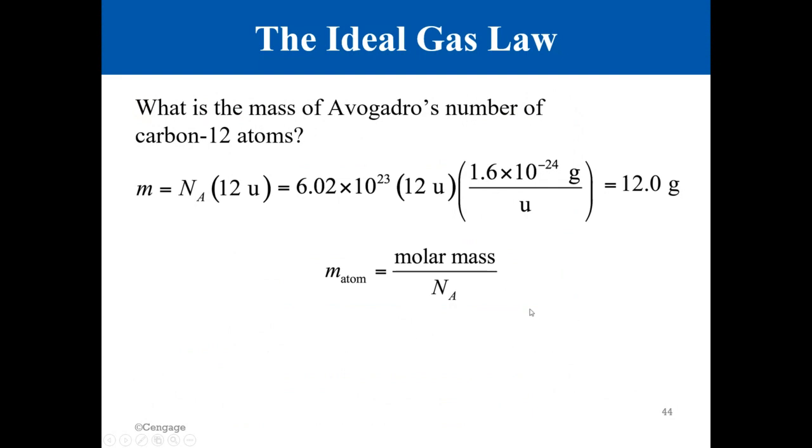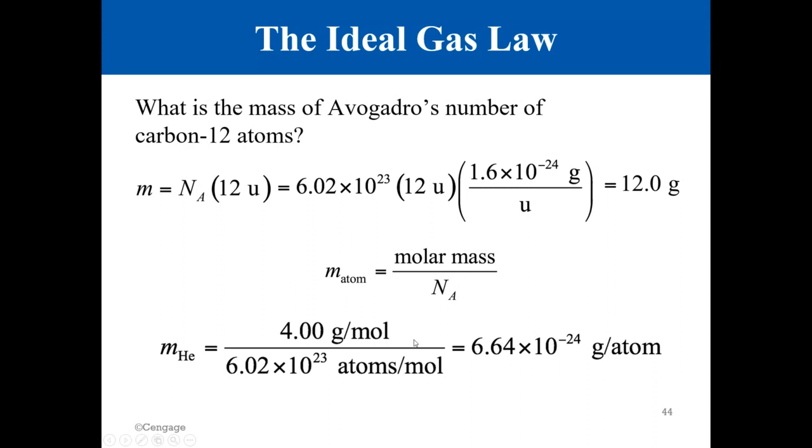In general, you take the molar mass divided by Avogadro's number to get the mass of a single atom. So for helium, for example, the molar mass is 4 grams. Divide that by Avogadro's number, you get 6.64 by 10 to the minus 24 gram per atom.